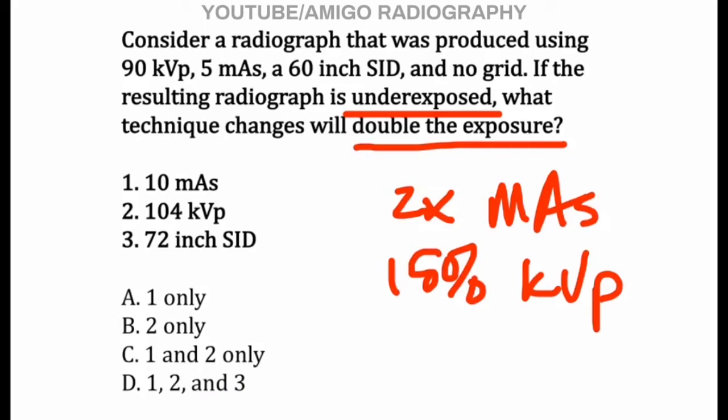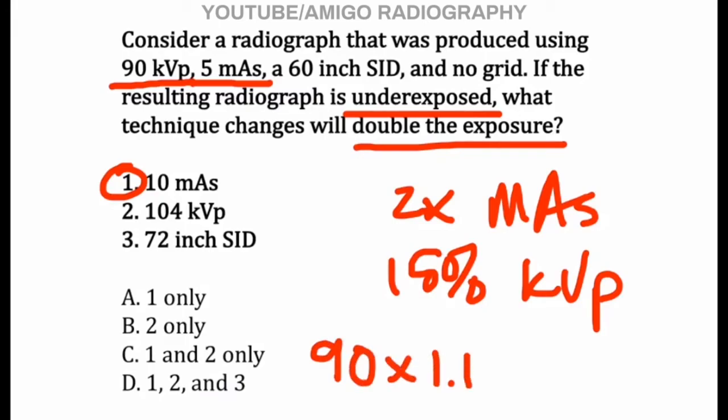But which of our options here makes sense? If we want to double our mAs, obviously we take 5 mAs, multiply that by 2, and that gives us our answer here, number 1, which is 10 mAs. If we take our kVp, which is 90, and multiply it by 15%, a simple way of doing that is taking 90 multiplied by 1.15.